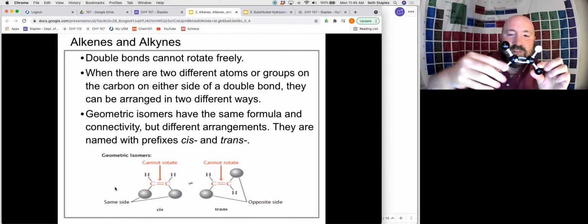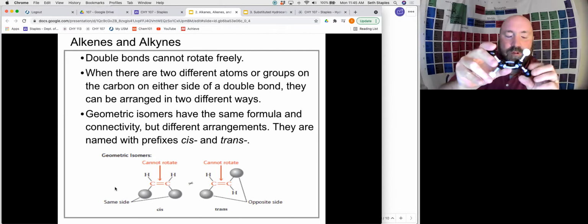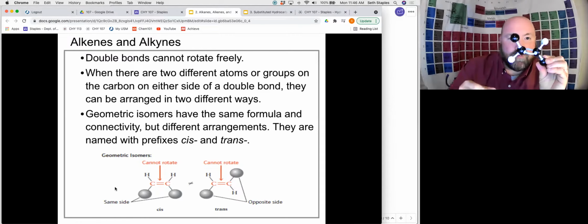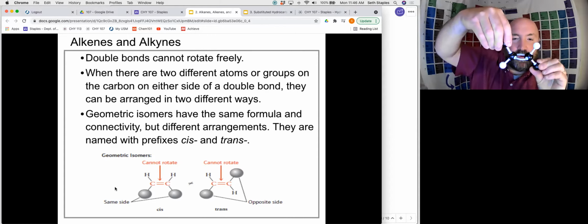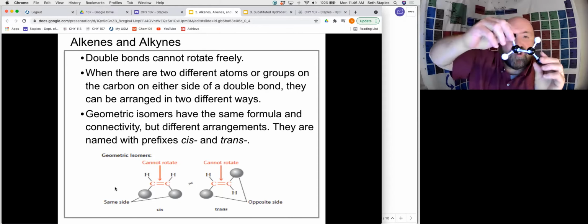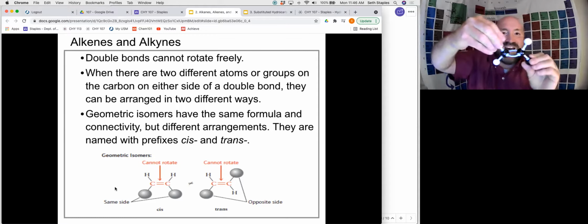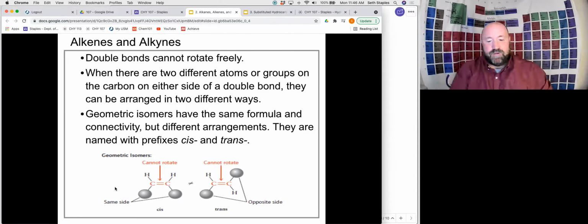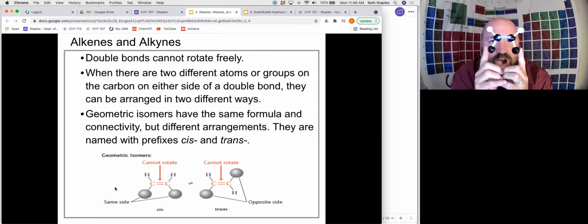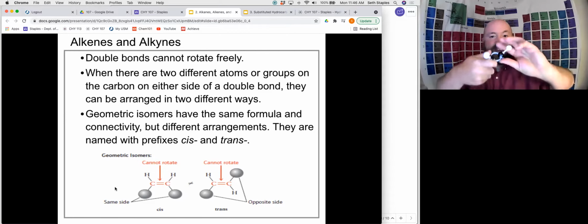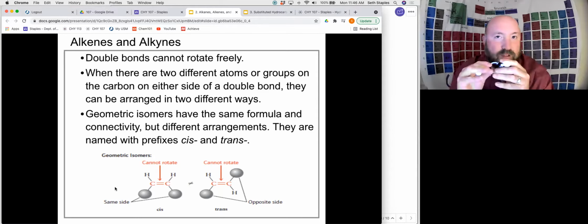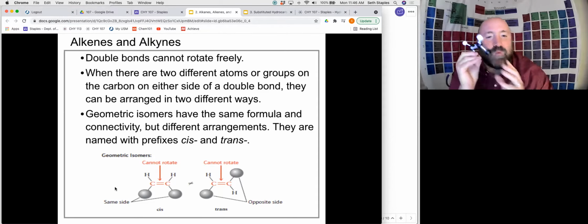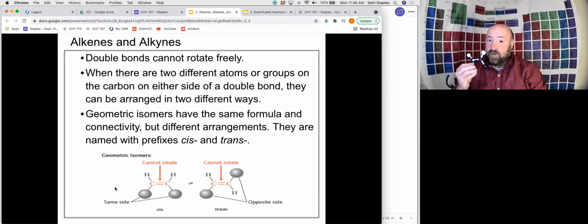If we're looking at the plane of these 2 carbons, in this example, we have another carbon group below the molecule and another carbon group above the molecule. So we have these 2 large carbon groups on opposite sides, as opposed to this one, with 2 large carbon groups on the same side. Again, because it cannot do this. We can't twist it around. I can't even do it with the model. It doesn't let me. We have to identify that because these 2, believe it or not, are going to have different properties from each other.